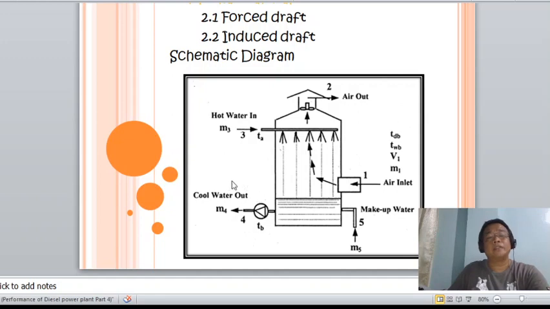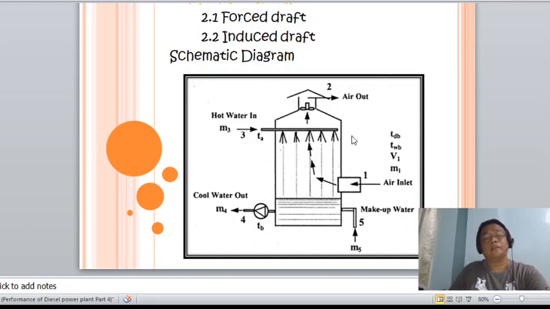This is now the cold water. At the top, the hot water will enter at point 3. So the hot water coming from the diesel engine will enter at the top of the cooling tower.